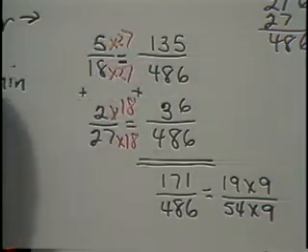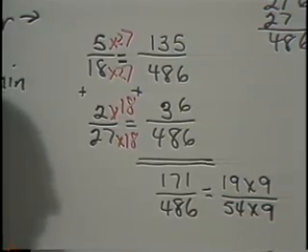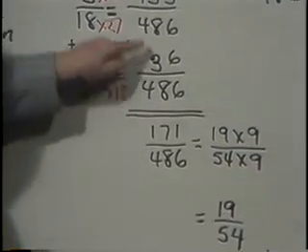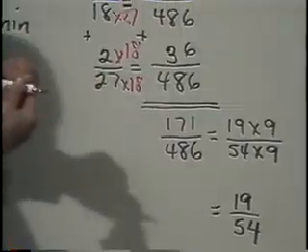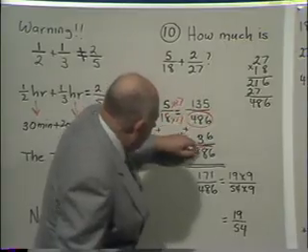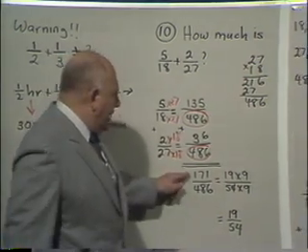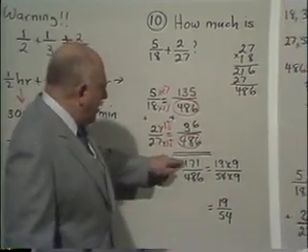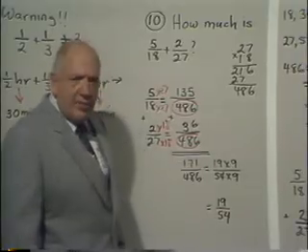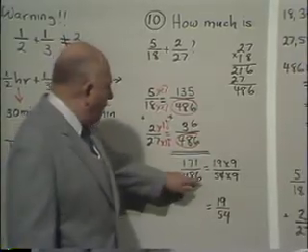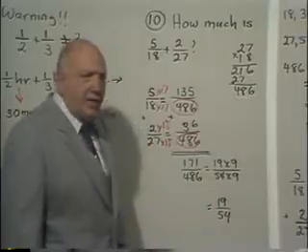See, 135 plus 36. That's a whole number problem. That's 171. 171 what? See, there's my denominator. 171 over 486. By the way, I'm going to show you how to get this later, but it's interesting that 171 is the same as 19 times 9, whereas 486 is the same as 54 times 9.